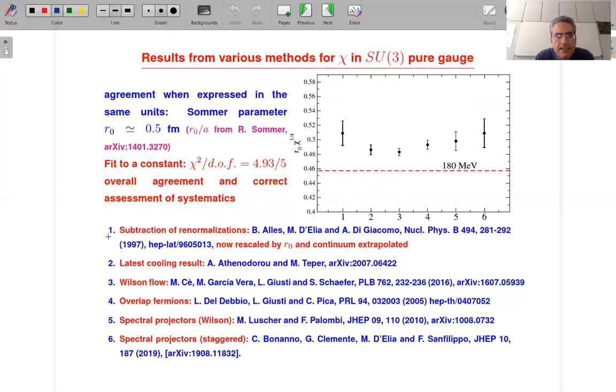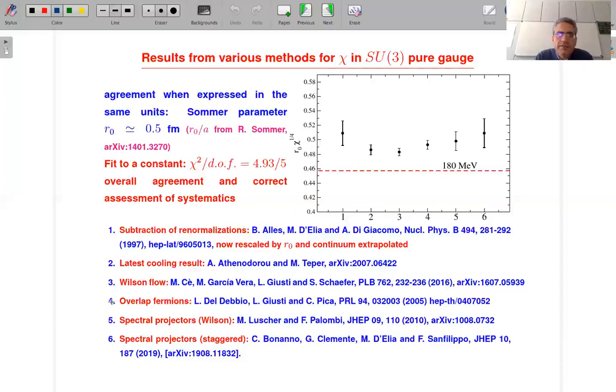In my review, I discussed several different methods to define the topological susceptibility on the lattice. The method number one, you adopt a gluonic definition, and then you take care of renormalizations by measuring the additive and multiplicative renormalization. This is the first method that I discussed today. Then you can adopt cooling or the Wilson flow in order to smooth the gauge fields and define a topological background by a gluonic operator.